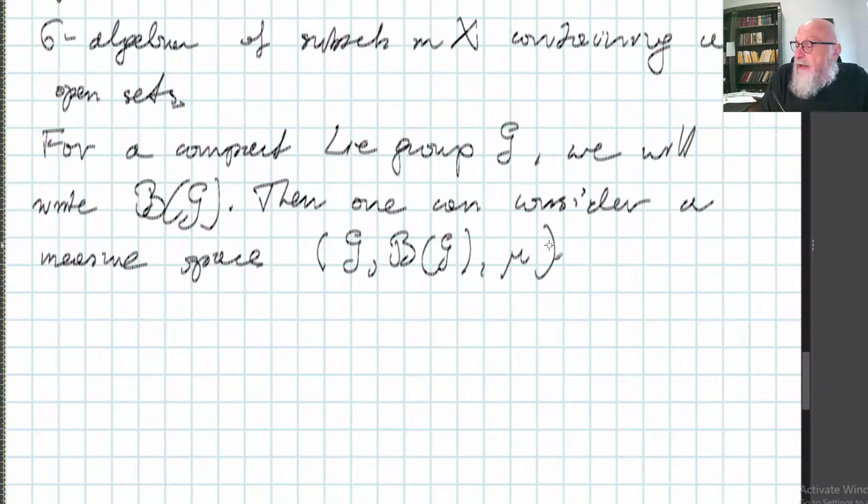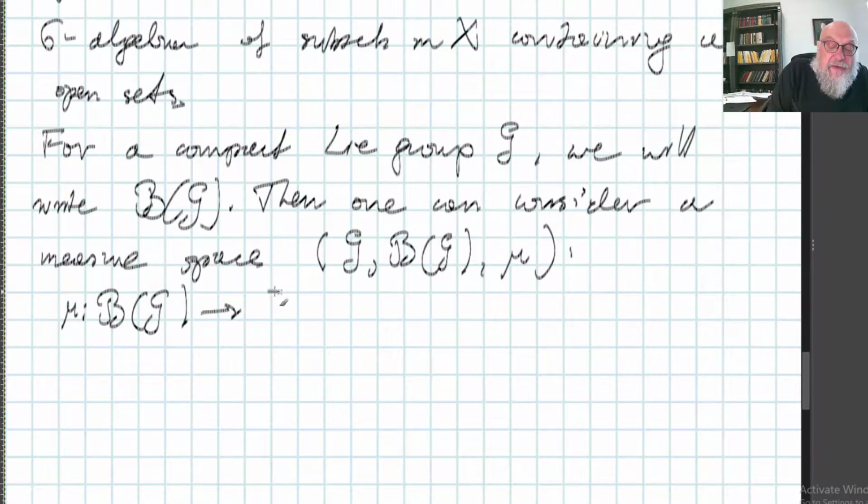This is a function that maps the Borel sets to 0 to possibly infinity in general, so I don't exclude it, but in our case it will be finite, because the group is compact.